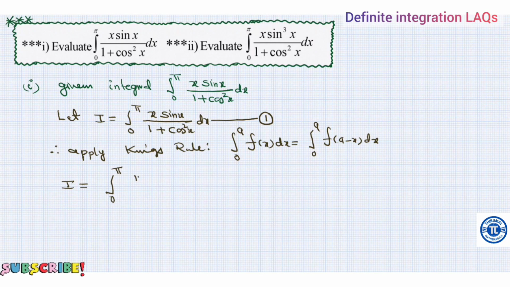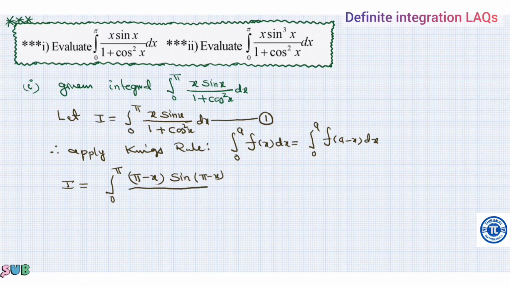So right here, pi minus x into sine of pi minus x by 1 plus cos of pi minus x whole square dx.